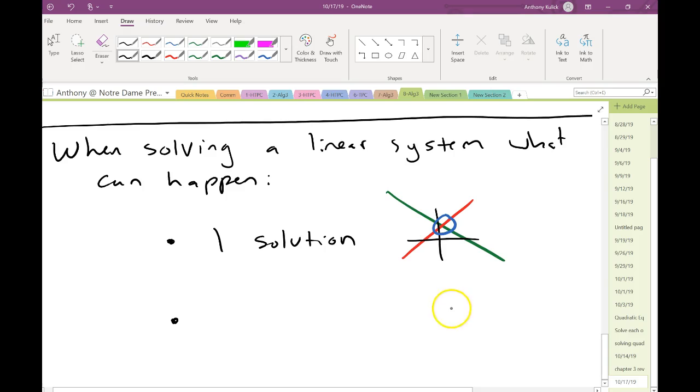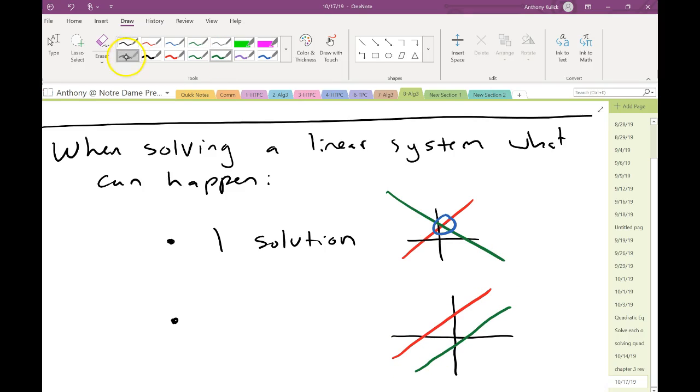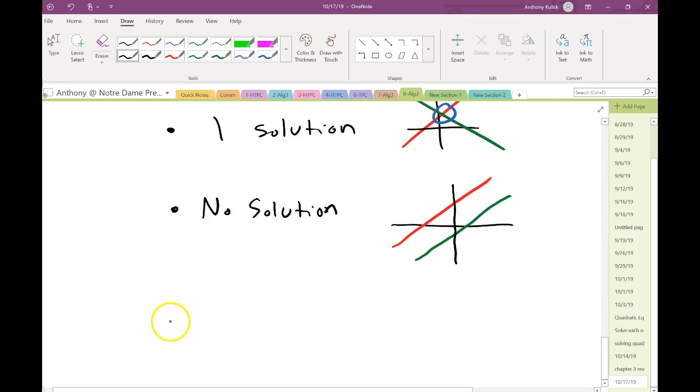Okay, what if I have parallel lines? What's that going to mean? What was that? Somebody whispered it. No solution. Yeah, when you know the answer, shout it out loud so everybody can hear. Yep. You could have no solution. What that would look like would be parallel lines. If there's no intersections, then we can't have any solution.